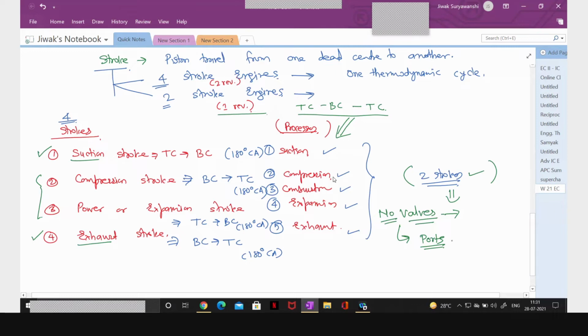If the port is covered by the piston, there is no flow from the port. If the port is uncovered, then there is a flow. So how does it work then?